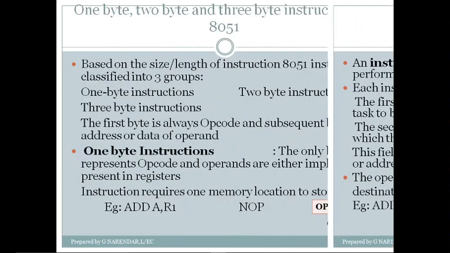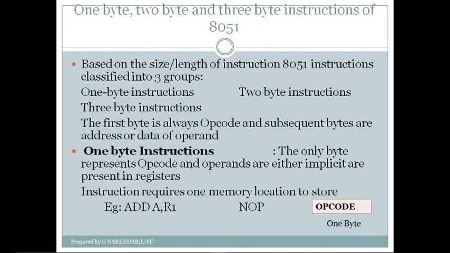And next we'll look at some classification of all the instructions that are present in 8051 based on the size of instructions, that means how many bytes of memory is required by the instruction when it is stored in the memory.